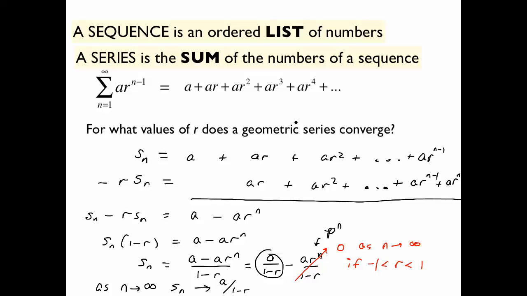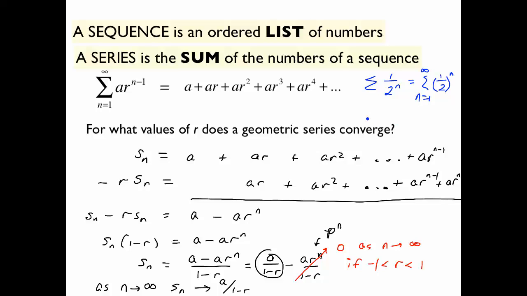So remember the turtle question. Real fast, remember we did the turtle on Wednesday? And the turtle was 1 over 2 to the n. And that's actually one of these geometric series because it's 1/2 to the n, starting at n equals 1.